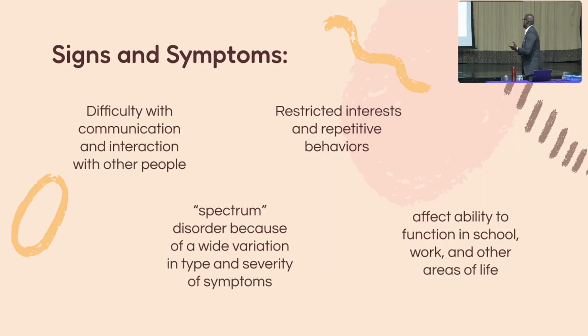Signs and symptoms: difficulty communicating. Individuals with autism, in a social setting or social opportunities, don't make eye contact. One of the things I would teach my students on the spectrum is, when you go in and introduce yourself to someone, look at their forehead, because they can't make eye contact.